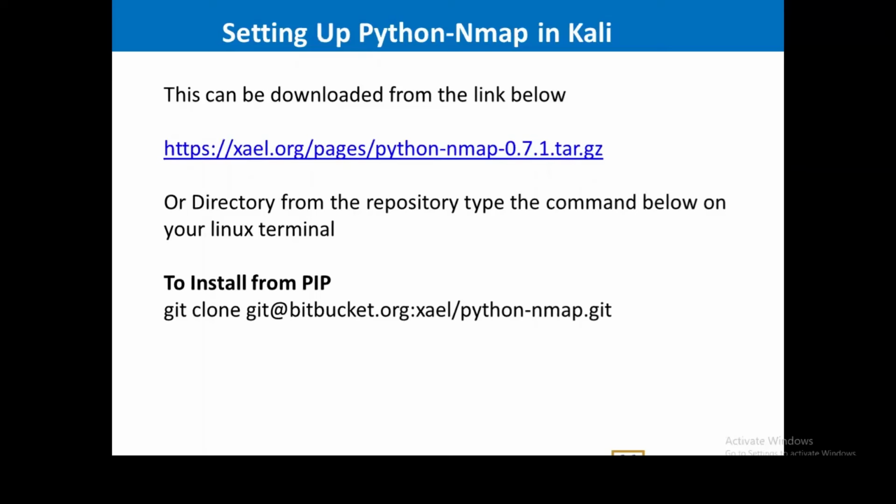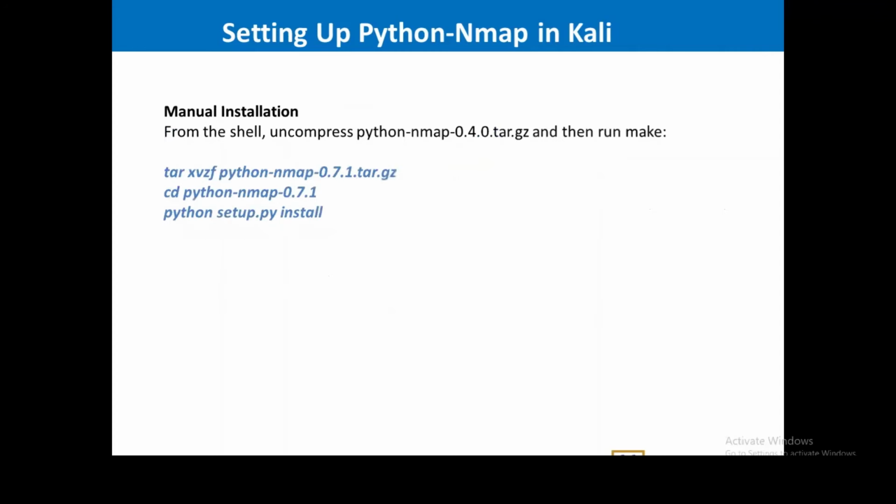Go through this website to download the data file on your Kali, or you can also install it with pip by typing this command: git clone git at bitbucket. You specify the path as is being shown on the screen.